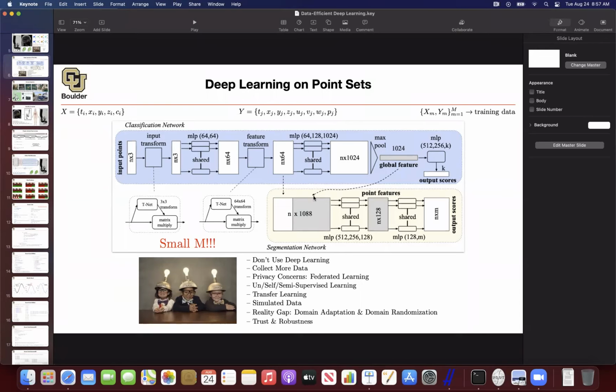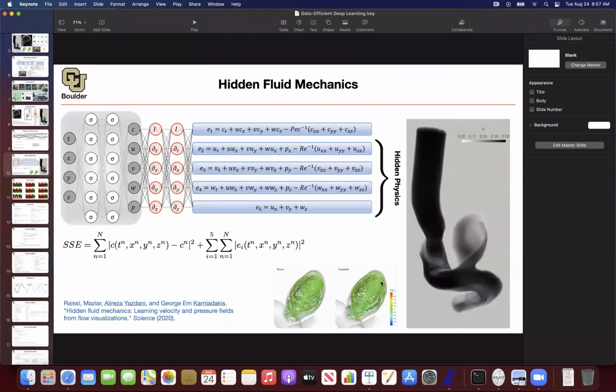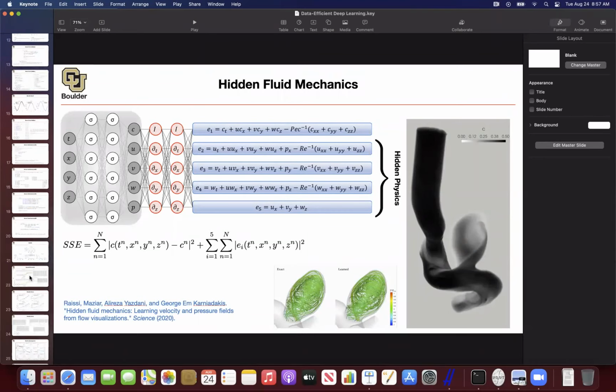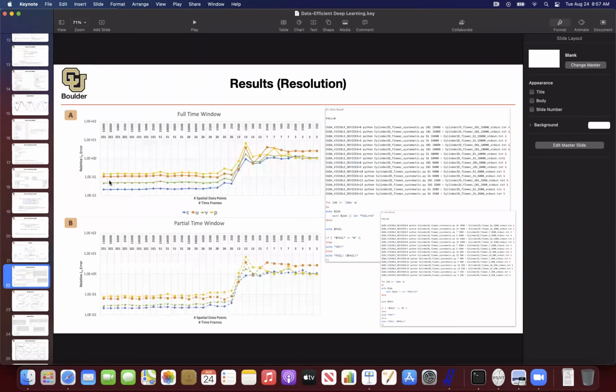Yeah, so our training data M is 0, so the size of M is 0. The test data, you have only one test data. And this is your test data. This is what you're testing your algorithm on. And in terms of how sensitive your method is to the resolution, basically the number of points in your point cloud, these are the studies that we were doing.